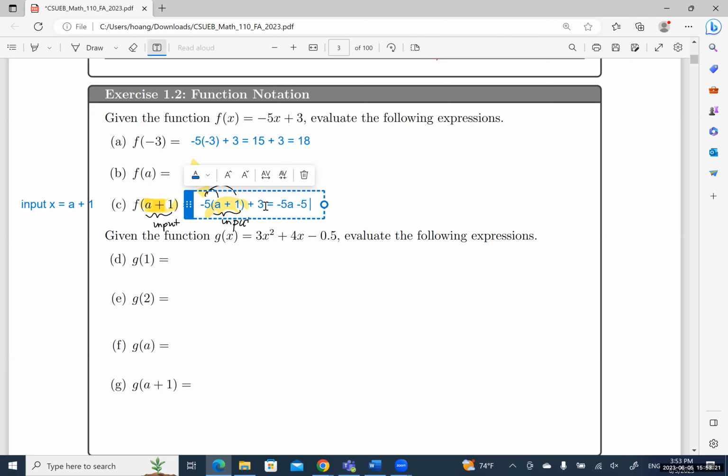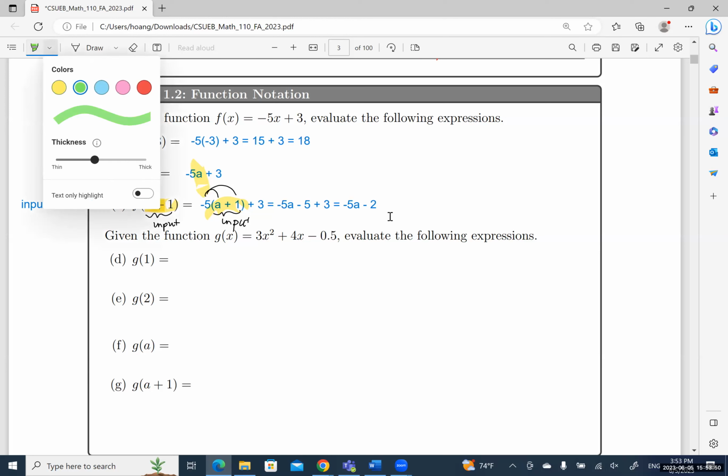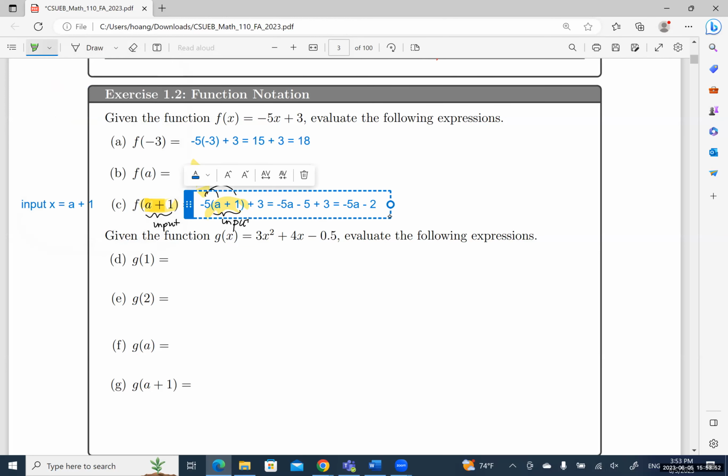So -5 here, right? And then plus 3. So this will give us -5a minus 2, since you combine -5 plus 3. All right, so this might be the answer.